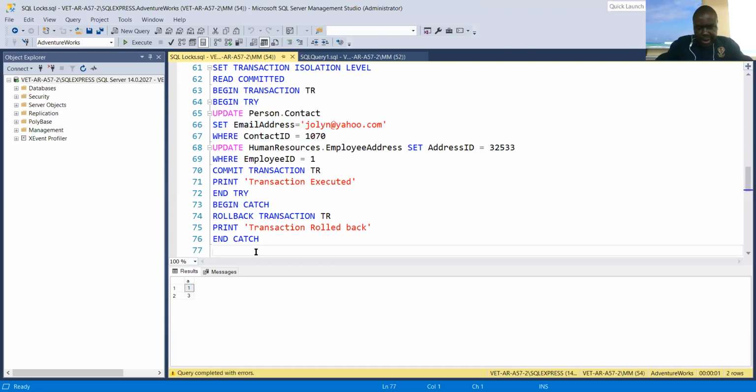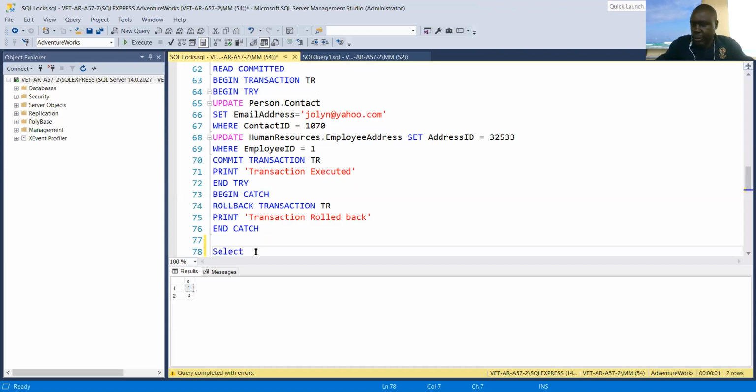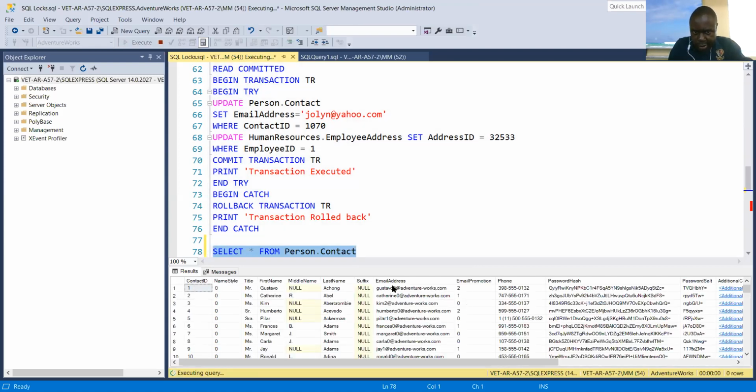So I'll say select, I want to see everything, from the person schema, contact, where contact ID is 1070.